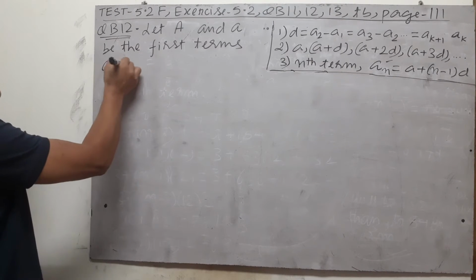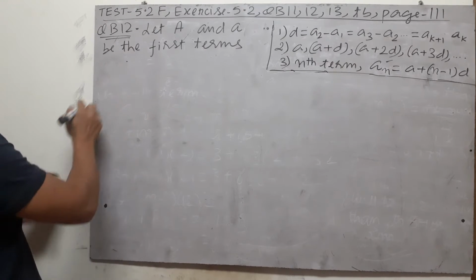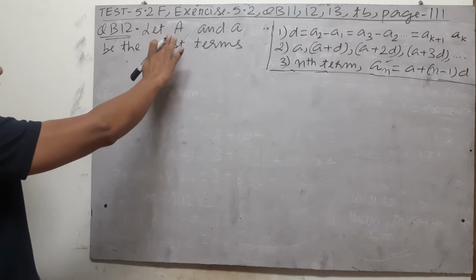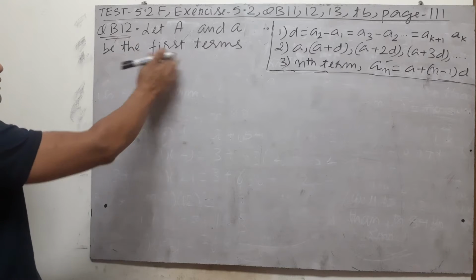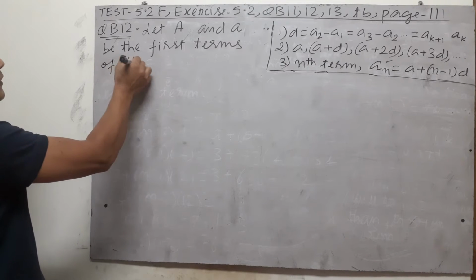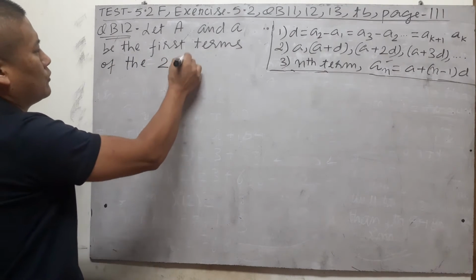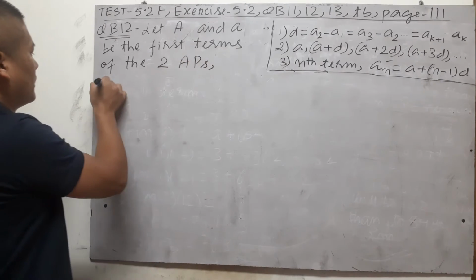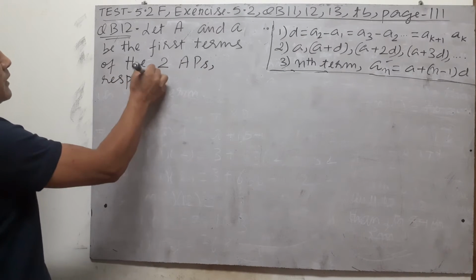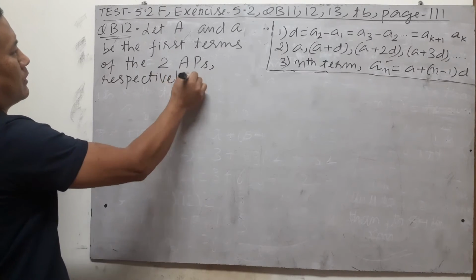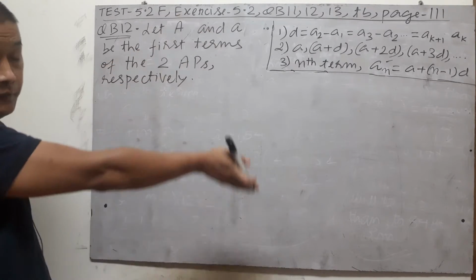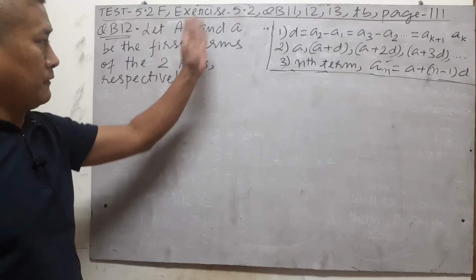That means capital A is the first term of the first AP, small a is the first term of the second AP.